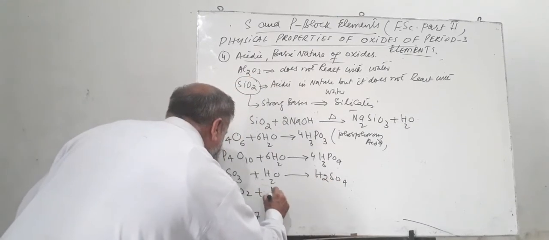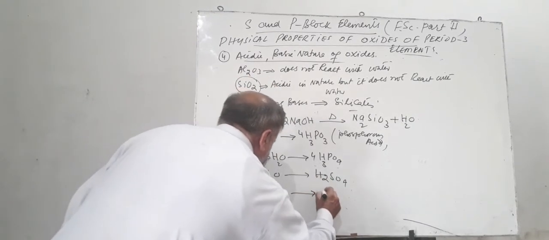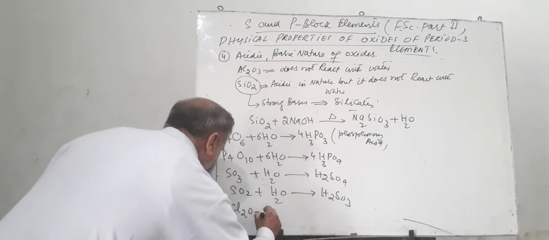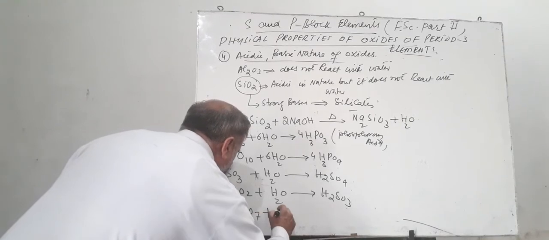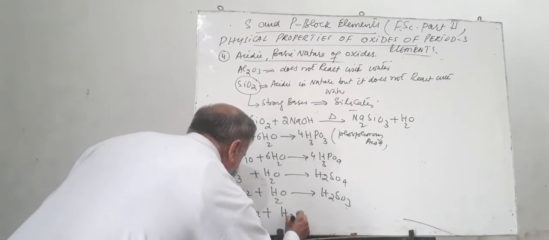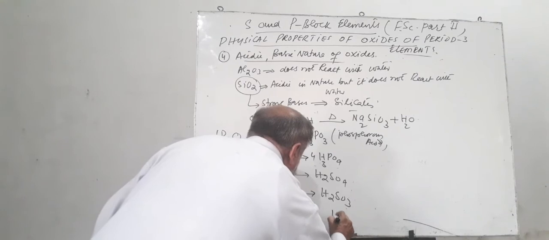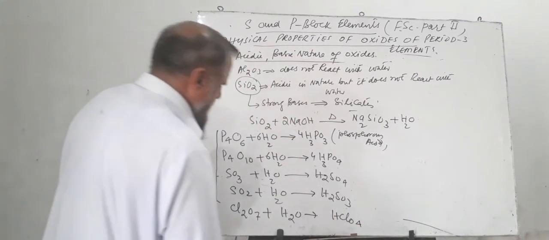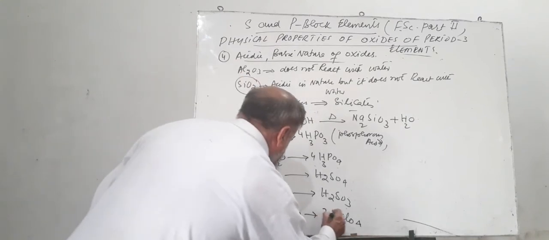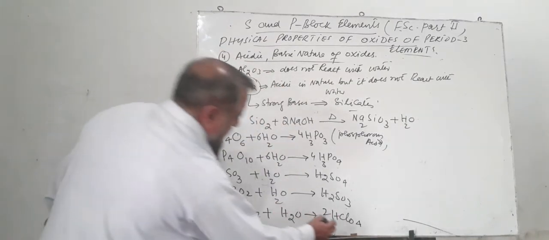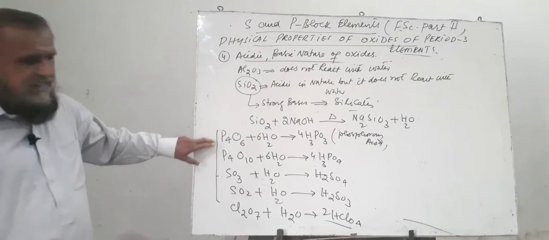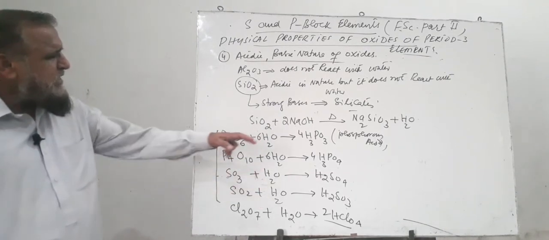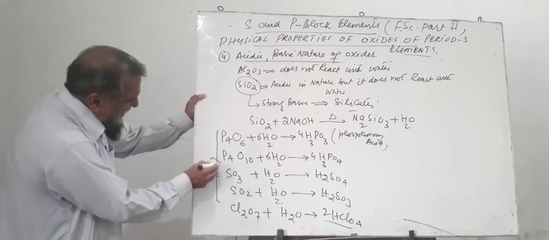Sulfur dioxide reacts with water and produces sulfurous acid. Dichlorine heptaoxide reacts with water and produces perchloric acid, 2HClO4.